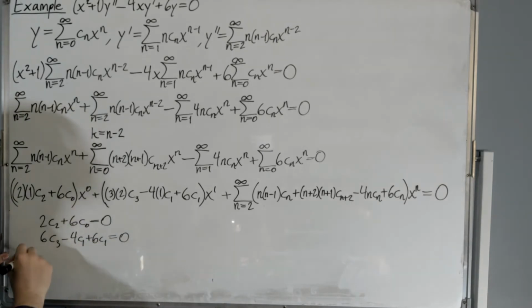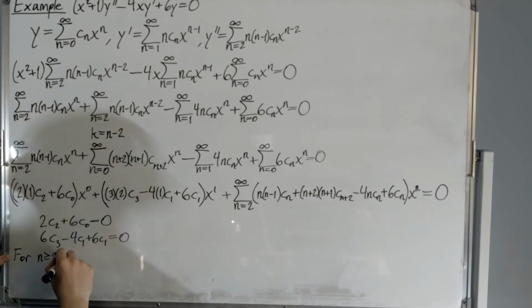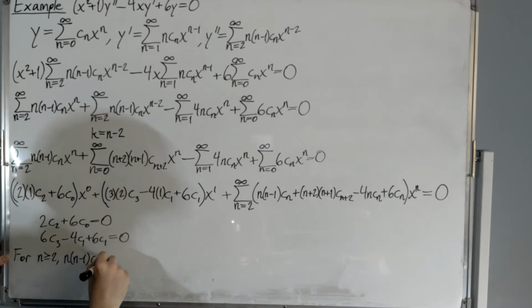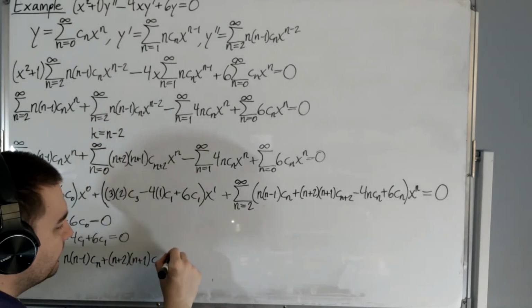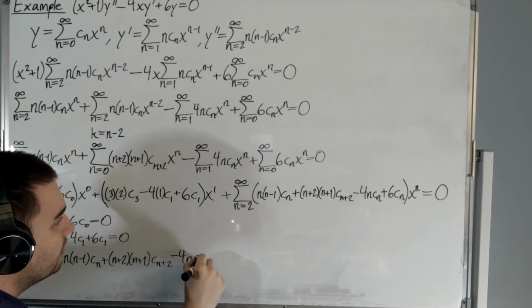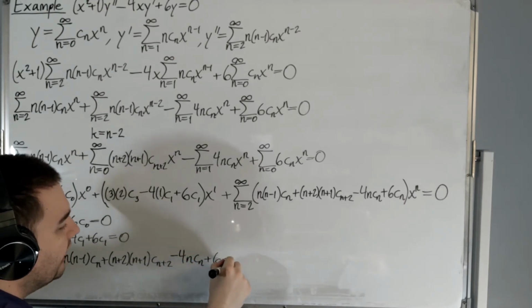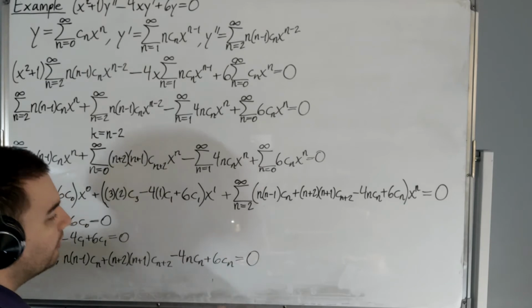And for n greater than or equal to 2, we get n times n minus 1 times c_n plus (n plus 2)(n plus 1) c_(n plus 2) minus 4n c_n plus 6 c_n equals 0.